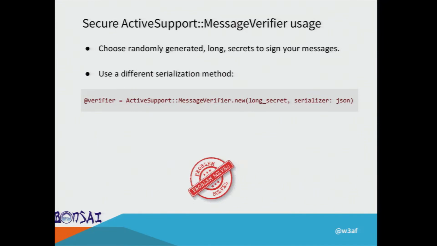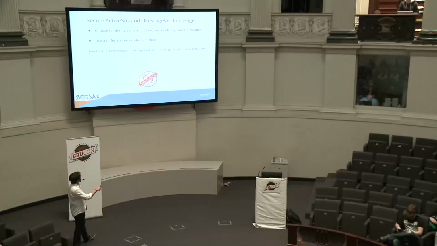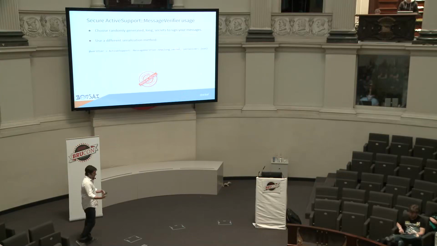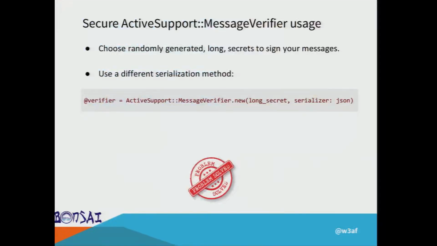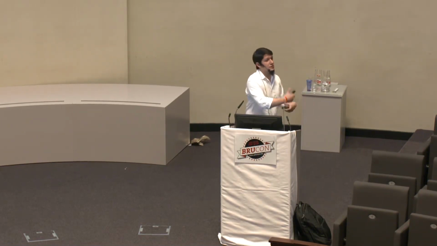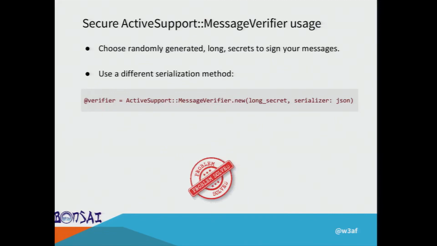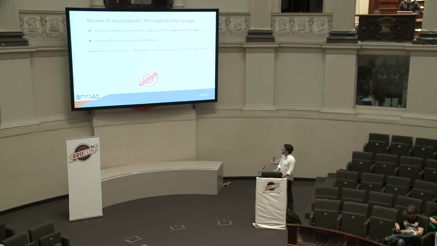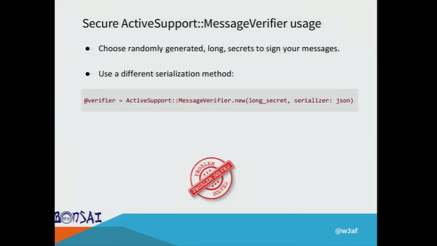Message verifier takes an optional serializer parameter. By default, the serializer is Marshal. If you use the JSON serializer, instead of using Marshal, you use JSON, and there's no known vulnerability that's going to take you from unserializing JSON data to remote code execution. So the fix is to have long secrets and to change the serializer.